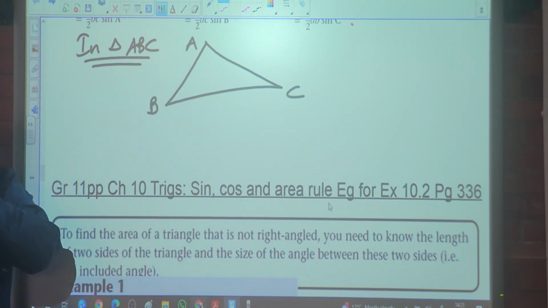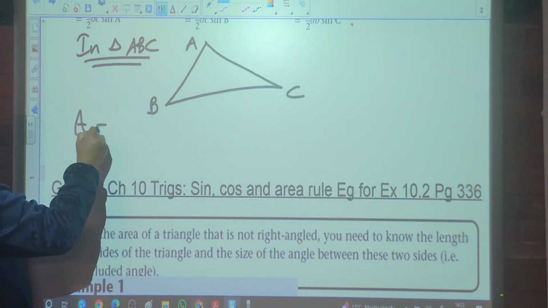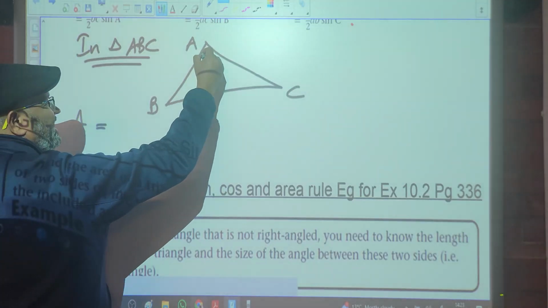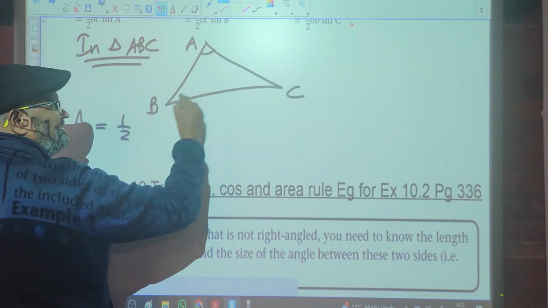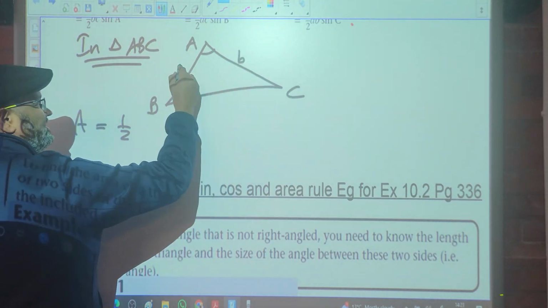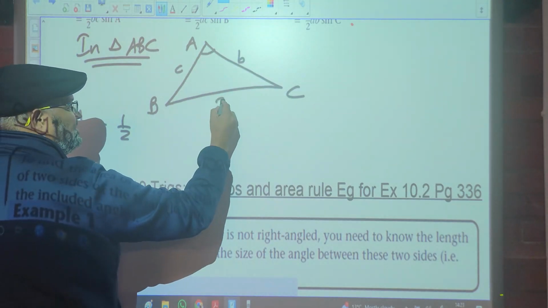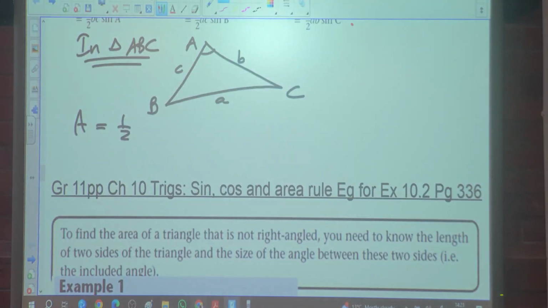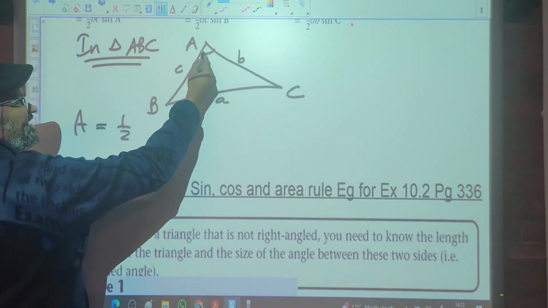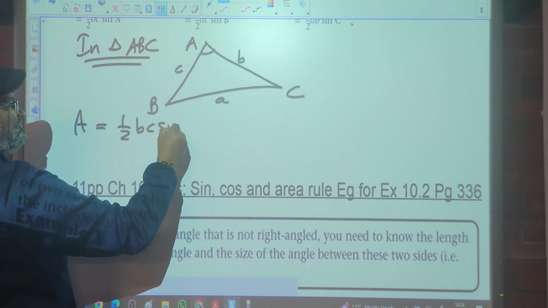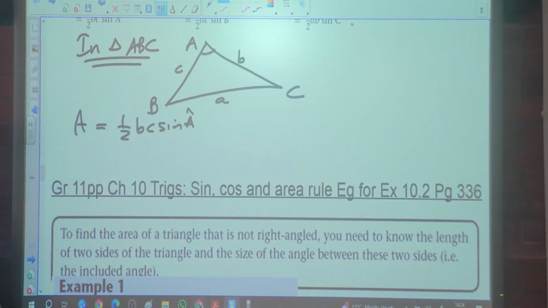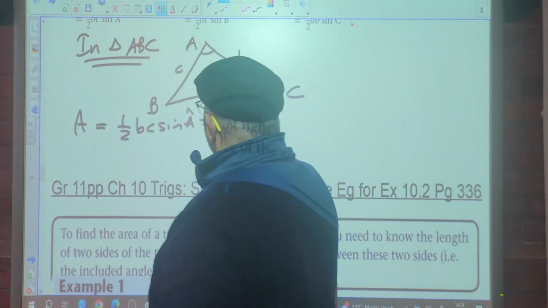the area will be, if I know angle A, remember this is b, lowercase b, this is c, lowercase c, this is a, lowercase a. You guys understand? If I have angle A, it will be half bc sine A. What if I know angle B?